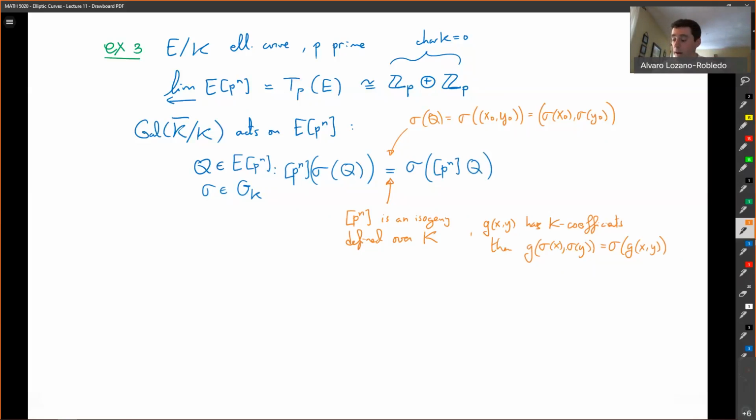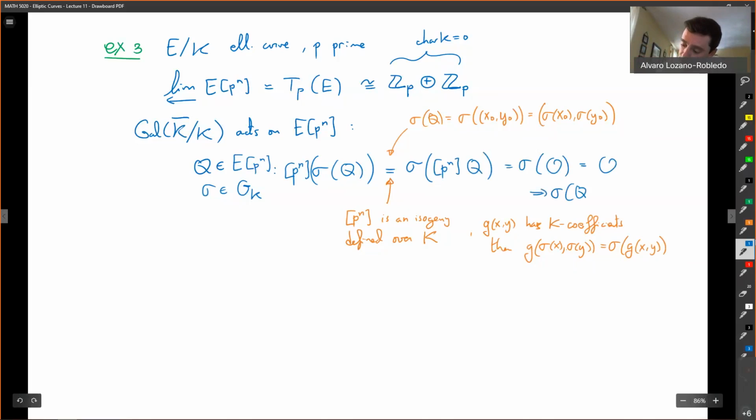Okay. But now, since Q is a p to the n torsion point, this has to be 0, O, and sigma of O, those are actually defining k, is 0, 1, 0, that goes to O. So sigma Q is also a p to the n torsion point. Okay.